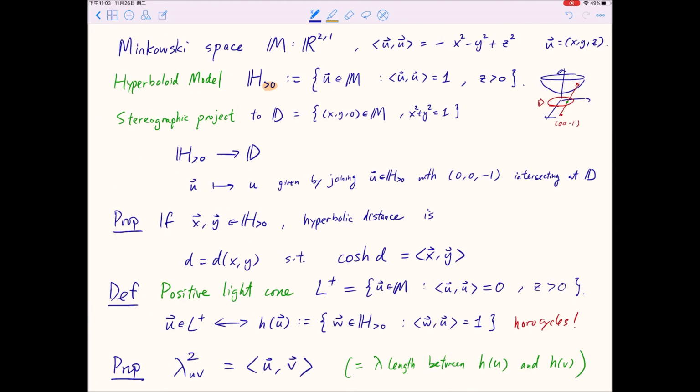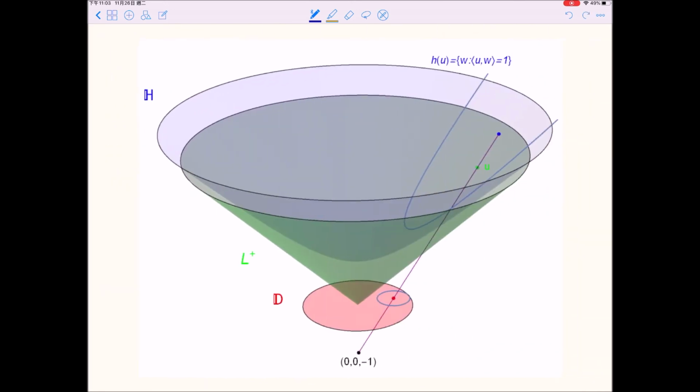So let's look at the picture again. Given a point on the light cone, so u lies on the light cone, then we can define this set. This set will be this parabola on H, and then the stereographic projection of this parabola will be exactly the horocycle you can see here.